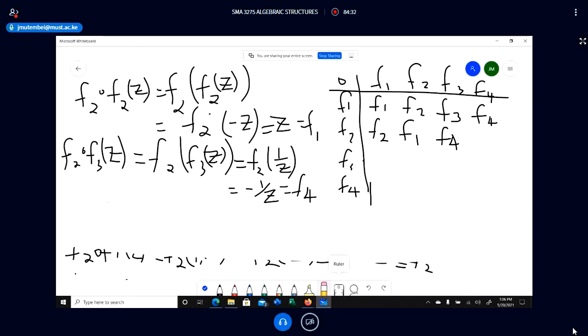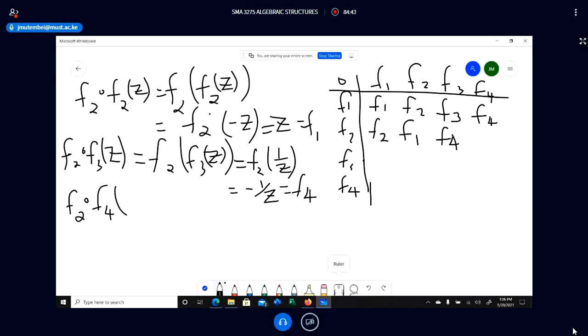And then you continue now, F2, F4. I've not yet finished that, so you can continue working on it. F2, F4 of Z is equal to, and when you get your result, you post it on the table and we complete the entire table. So just continue as I work also on mine.